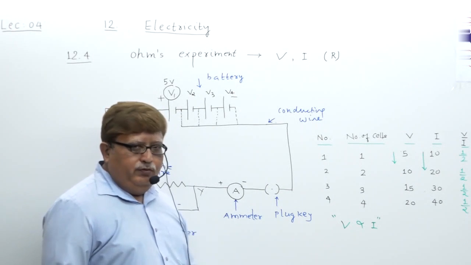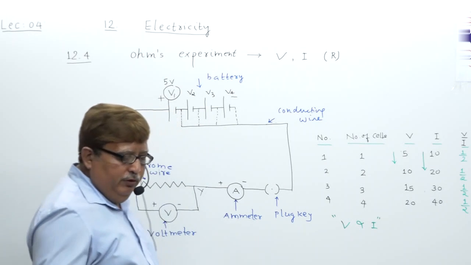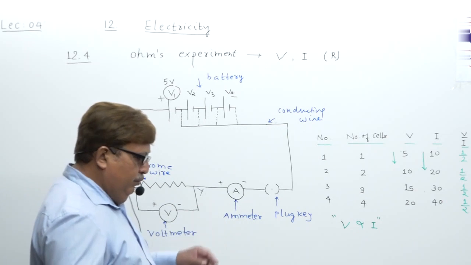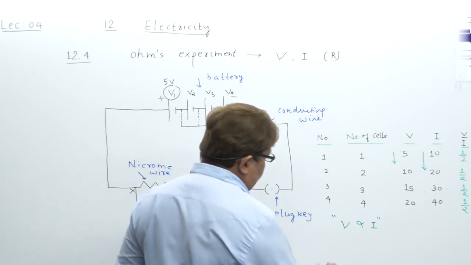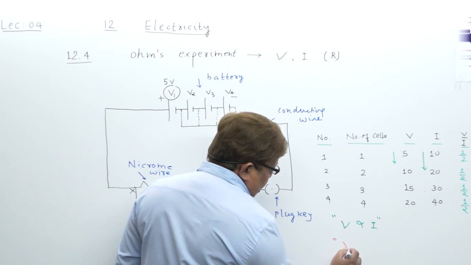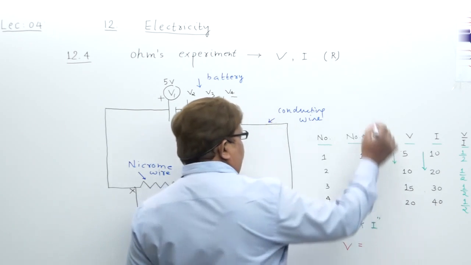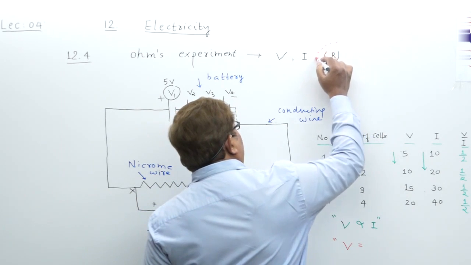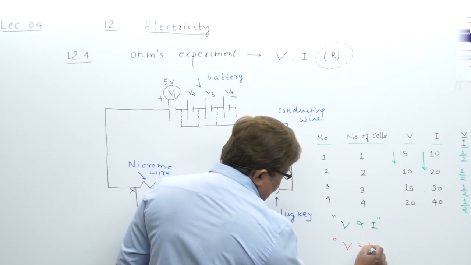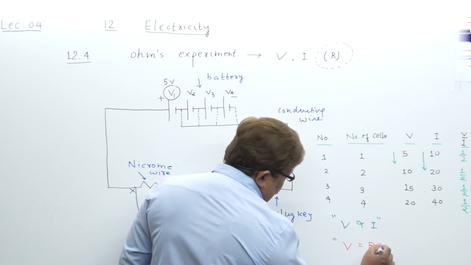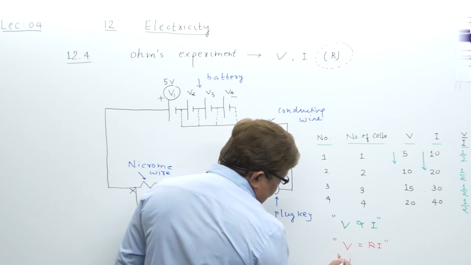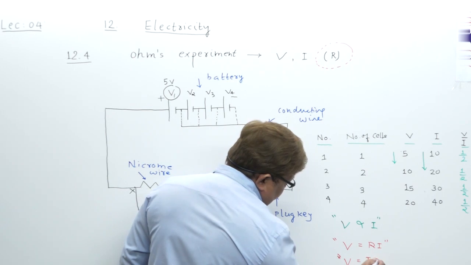Understand? If you want to remove this varies to sign, my dear student, you all know, you just remove this sign. You have to place some constant, and the constant is definitely one of the intrinsic properties of the material. I will write V equal to R into I. To make it more proper, I may write V equal to IR.